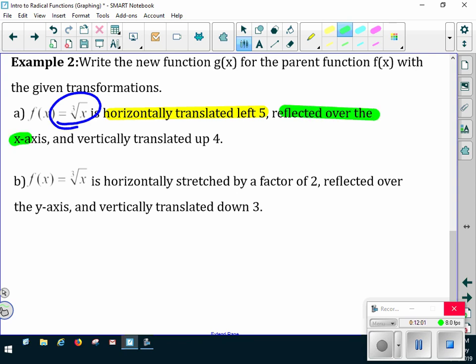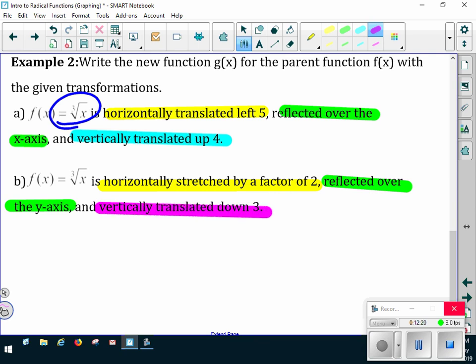Reflected over the x-axis and up 4. And then you're going to do the second one. Horizontally stretched by a factor of 2. Reflected over the y-axis and down 3. All right, go at it.